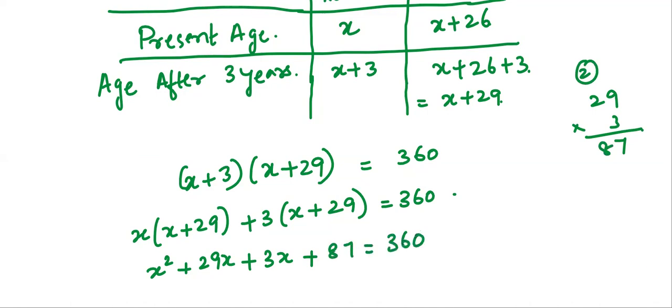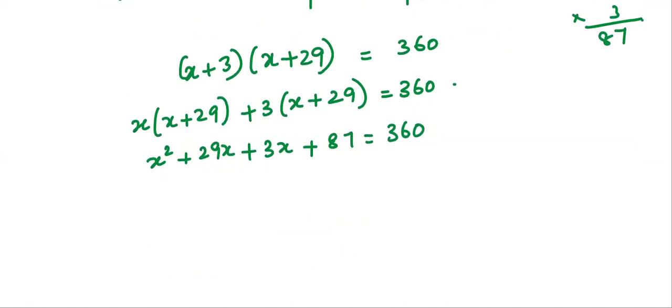Now let's combine the like terms. x square plus, 29 plus 3 will be 32, so 32x plus 87. Bring the constant term to this side, so minus 360 equals 0.